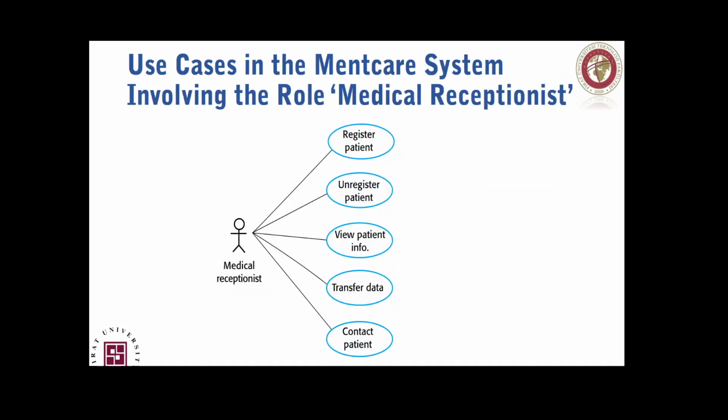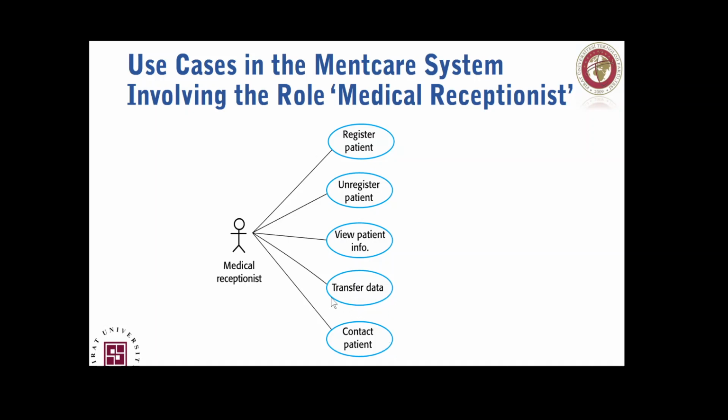So now look, we may have interaction with a whole bunch of tasks or actions. A medical receptionist may register a patient or unregister a patient, view patient info, transfer data, contact patient, and so on.